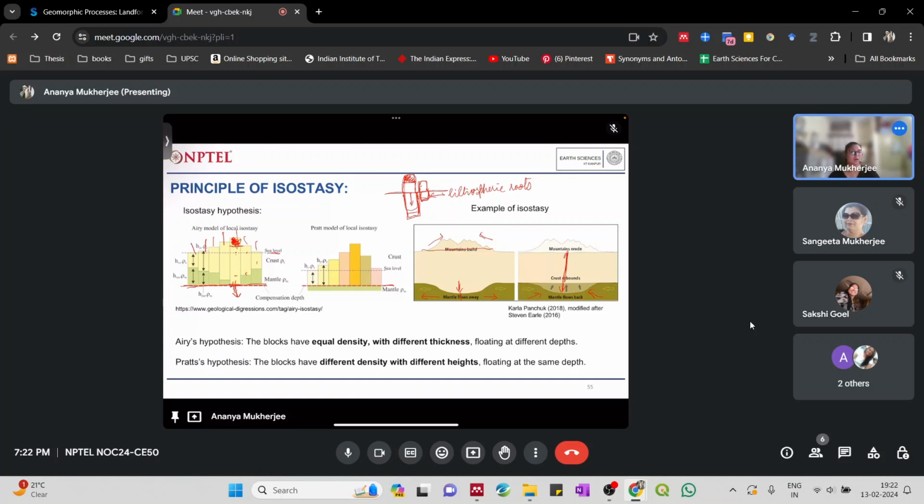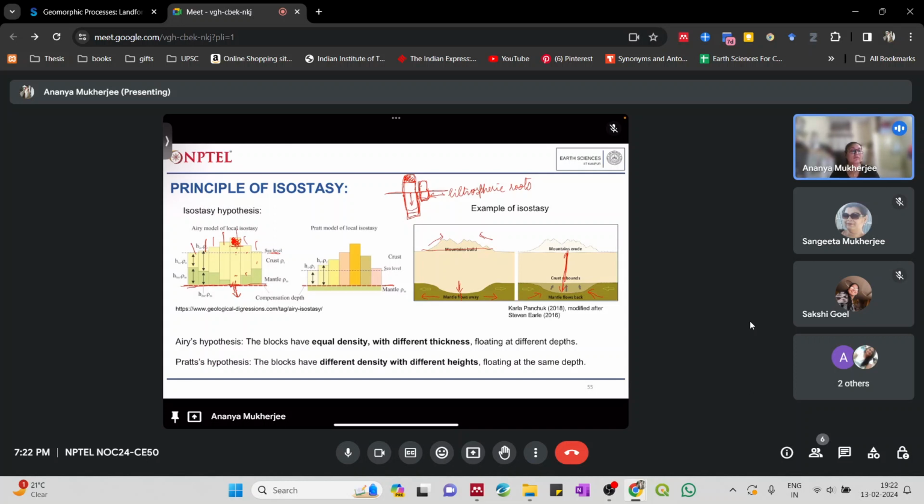This is an example that we see where you have very thick glaciers. This is happening in areas where there was thick glacier coverage previously. Since the glaciers are melting away, the crust over there is rebounding, so the depth to the mantle is decreasing in those areas.